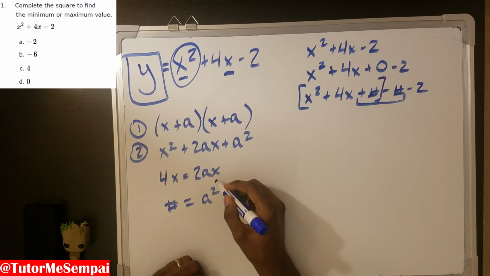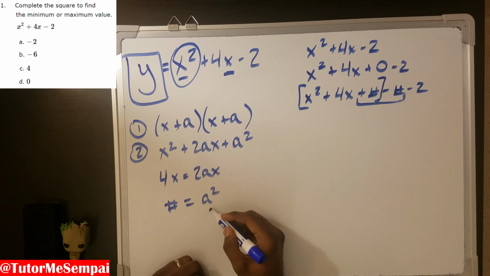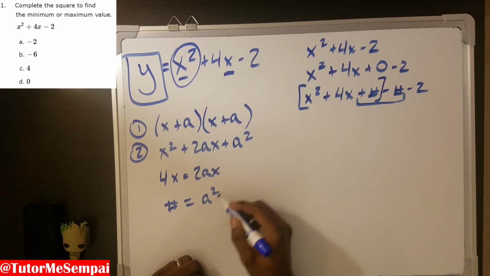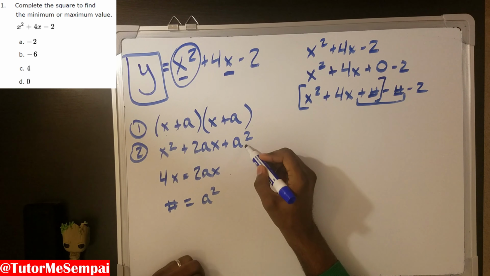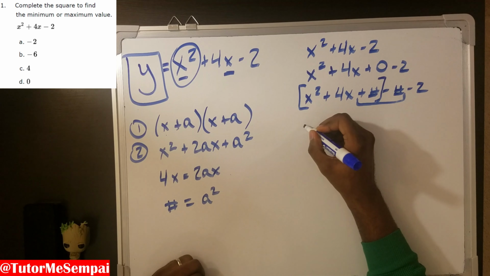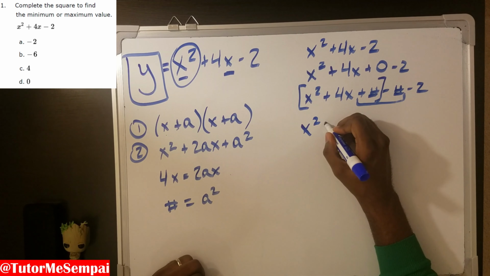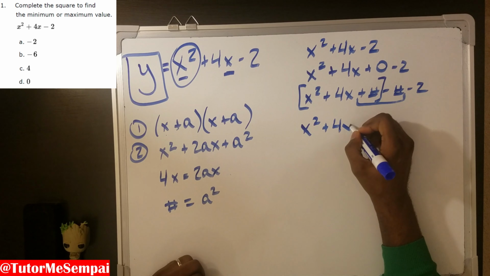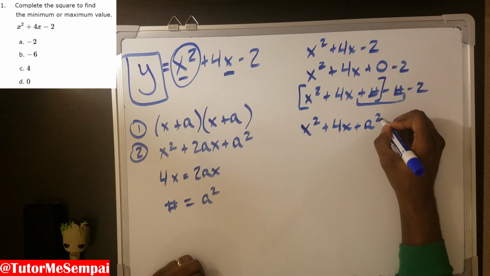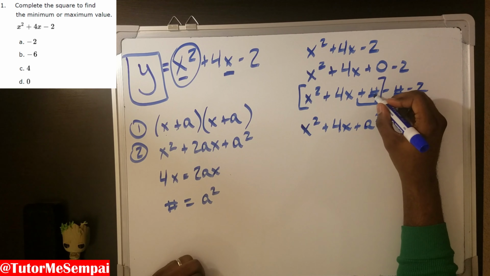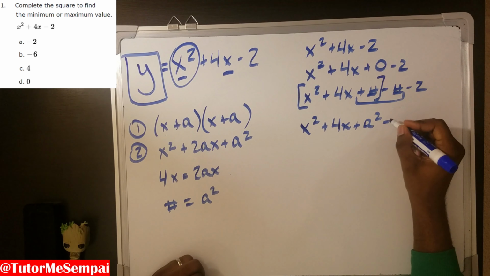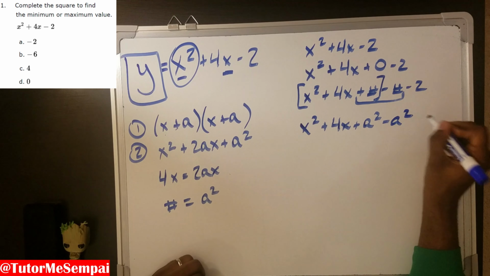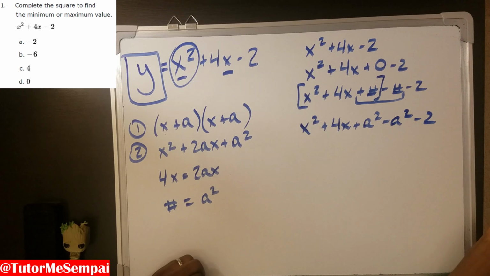The first thing I want you to notice is this number is definitely just a squared, right? If we're comparing apples to apples here, this is in the same spot as a squared, so we can automatically rewrite this as x squared plus 4x plus a squared minus, remember it's adding and subtracting the same number, we want to make sure we're adding 0, minus that same a squared, minus 2.